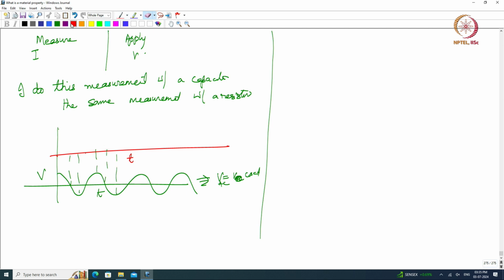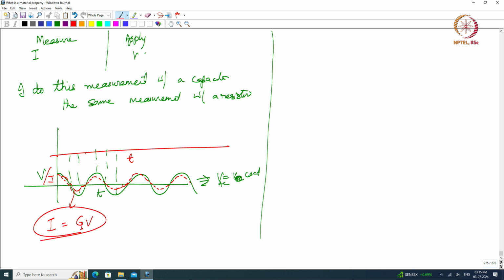Let me cheat a bit because I am bad at drawing things. So, current is also exactly going to be the same, because current equals G V, right. So, it exactly follows the voltage.